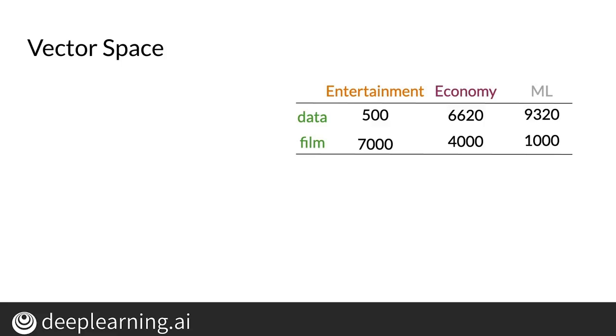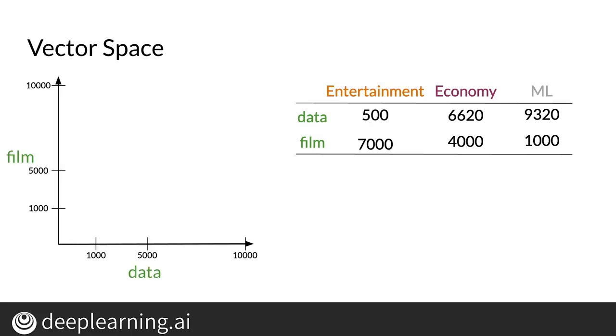Once you've constructed the representations for multiple sets of documents or words, you'll get your vector space. Let's take the matrix from the last example. Here, you could take a representation for the words data and film from the rows of the table. However, I'll take the representation for every category of documents by looking at the columns.